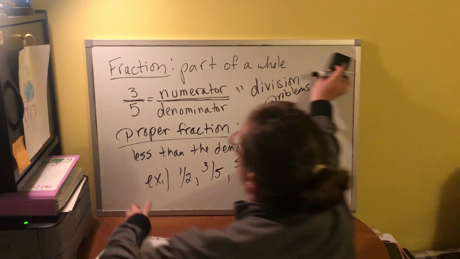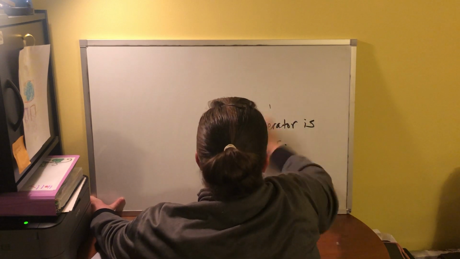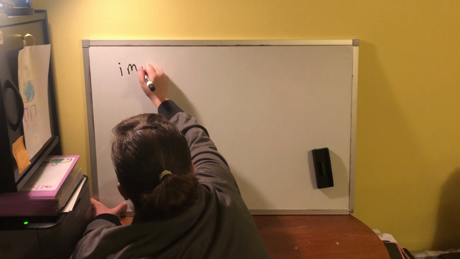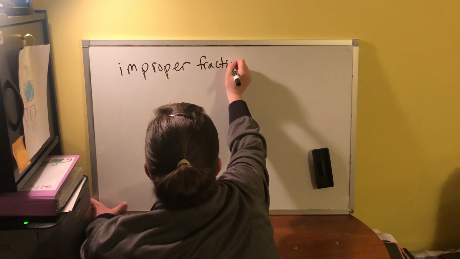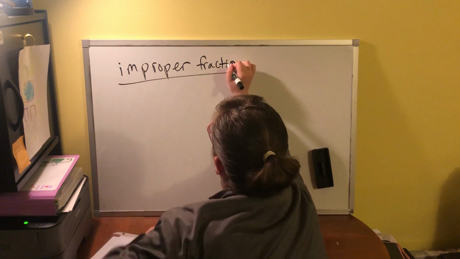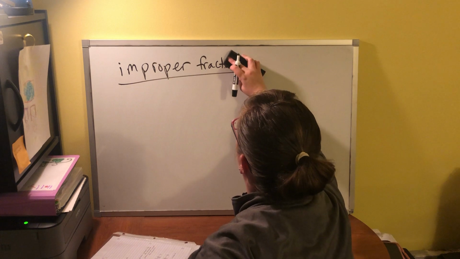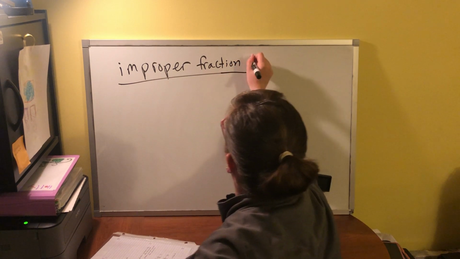Another type of fraction that you need to know is what is called an improper fraction. So we had proper, now we have improper fractions. Sorry guys, I write terrible. I have terrible handwriting, so bear with me.